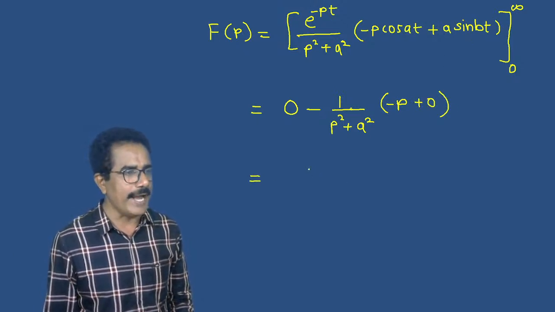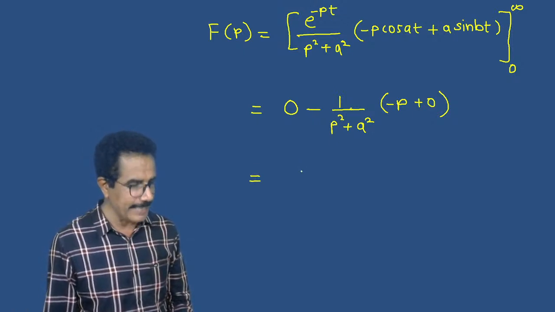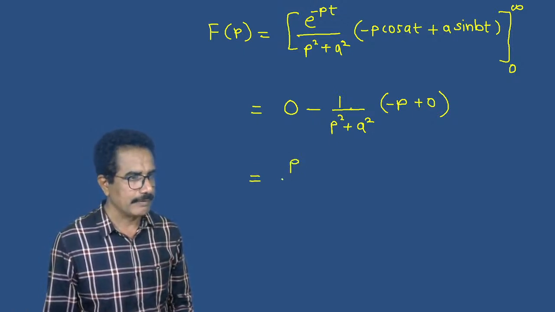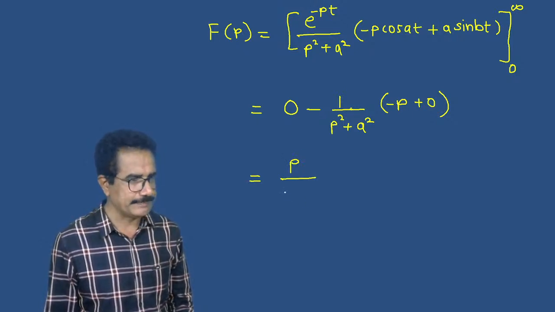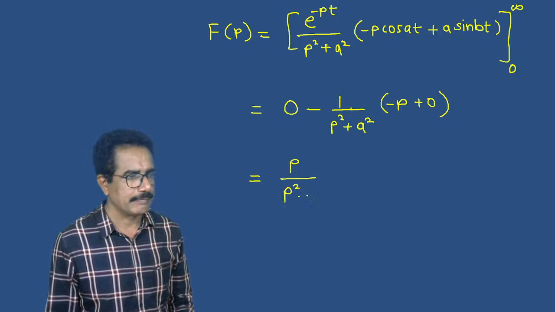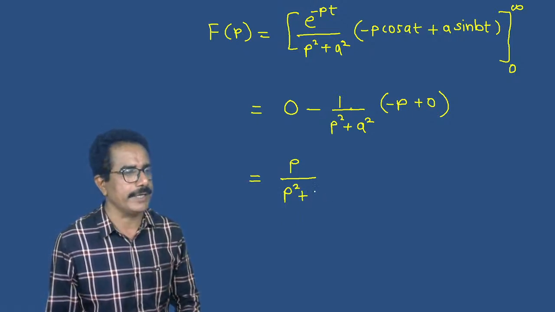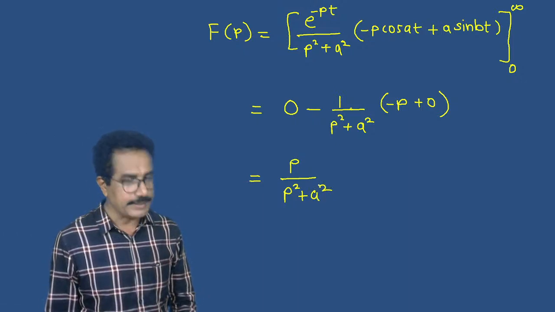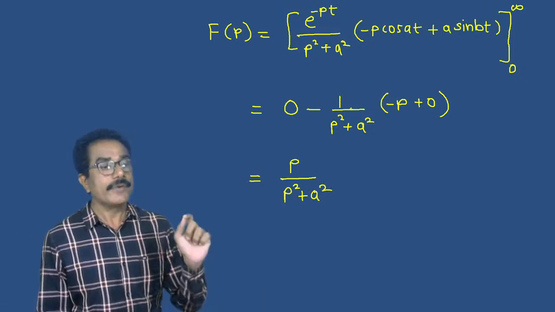So the final answer will be p divided by p square plus a square. This is the Laplace transformation of cos at.